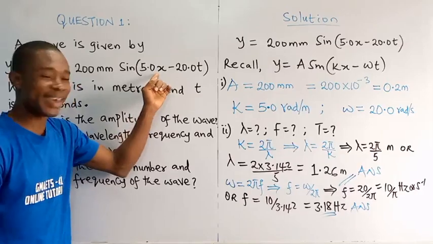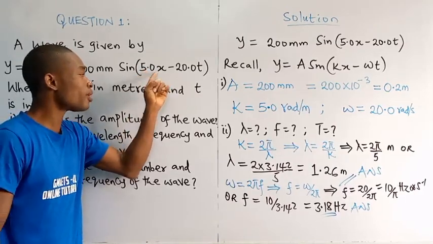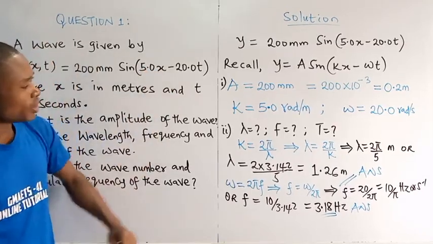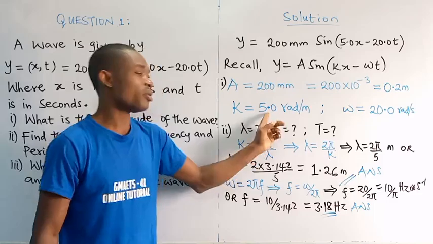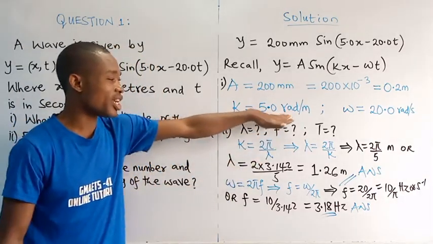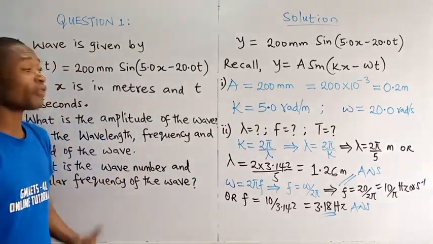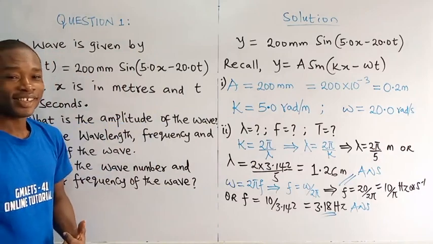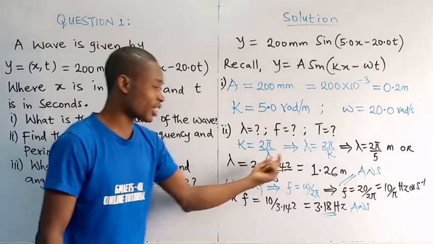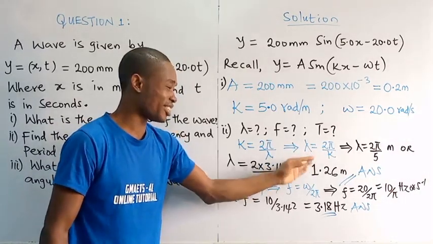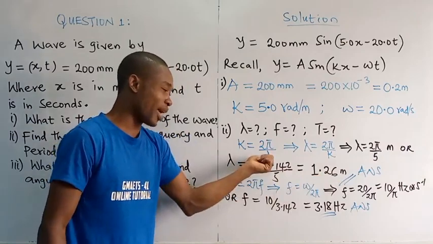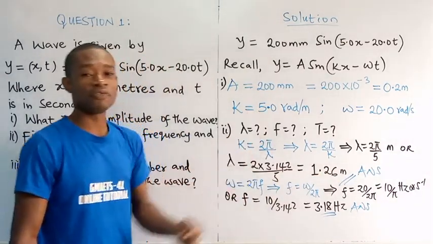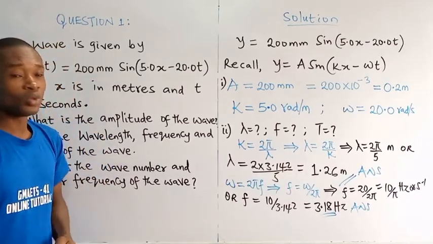Wave number k is the number multiplying x, which of course we obtain from here to be what? 5.0, or simply 5 radian per meter. Okay, so we have gotten the answer of that. If you still want to punish yourself after getting your wavelength lambda to be 1.26, you can substitute it back here to calculate k. You still get your 5 approximately as your wave number.